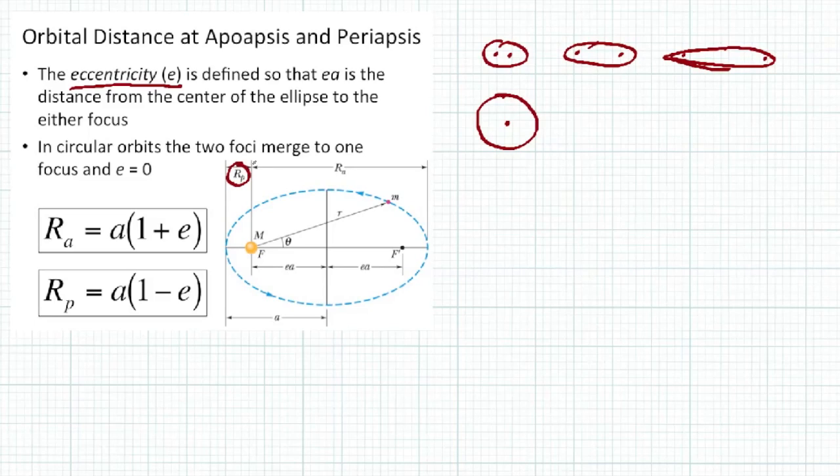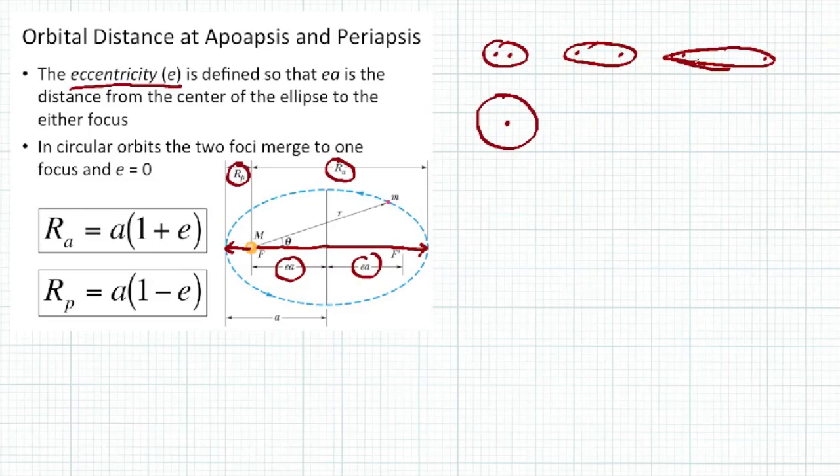So you can see here on our diagram we have right here RP. What do you think that means? Well, that's the radius, or the perihelion radius. And this right here, RA, well, that's the aphelion, or apoapsis radius, all the way out here. And then you've got these terms here, EA and EA. This is really a measure of the eccentricity.